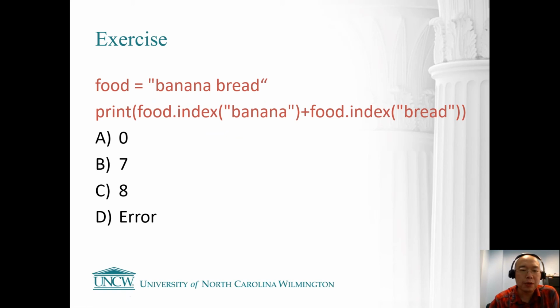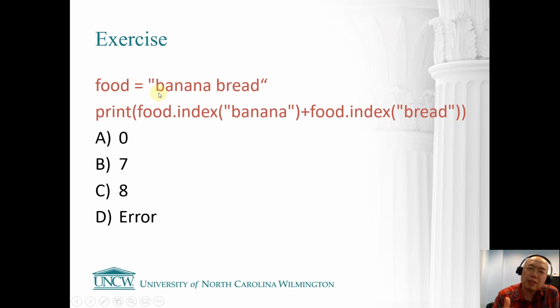So the next one, how about the banana? We have a food, and that is banana bread. And then we want to do food.index banana plus food.index bread. So what are we going to get? For food.index banana, it will give you the start index of the first occurrence of banana. And that is here at the very beginning.